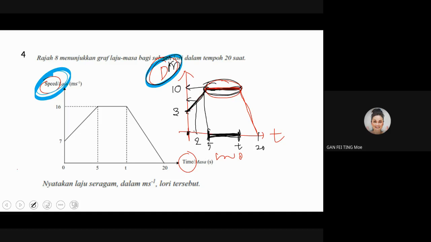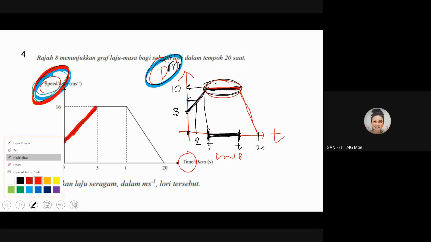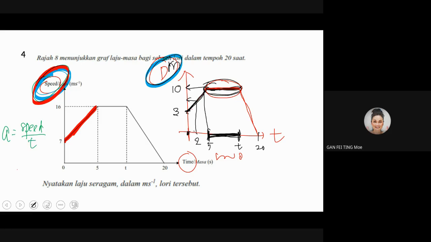But when we are referring to the graph of speed here, what is this telling you? This is acceleration. There is a speeding. Why speeding? Because of the formula of acceleration, a is the speed over time. The speed you divide by the time.